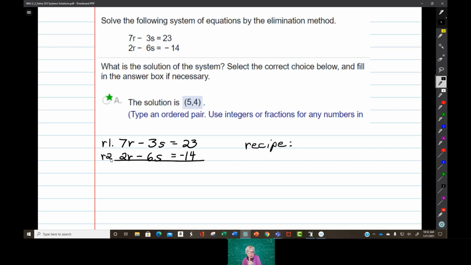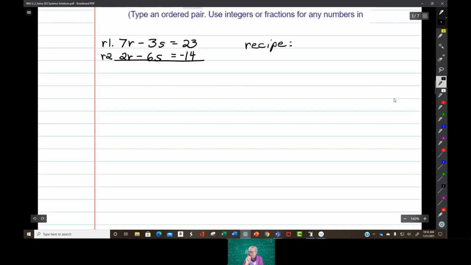You always want to find the easiest way. Always go for the easiest way. Now, what do I know? Looking at this, I know immediately that 2 times 3 equals 6.